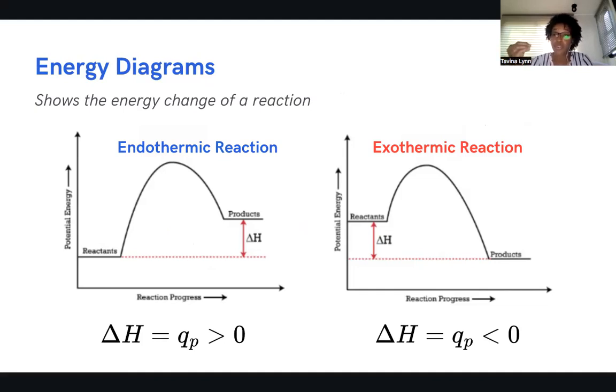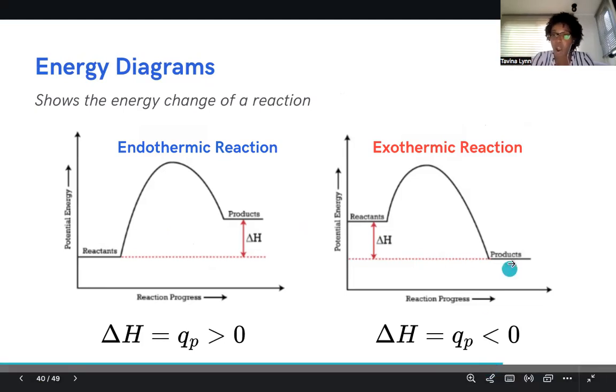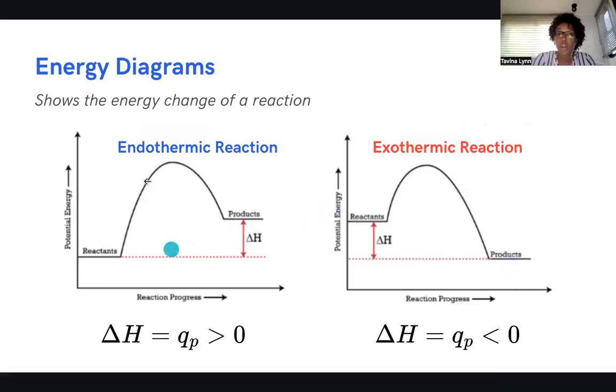We may have that value already provided, for example in a problem, or you may see an energy diagram that traces the energy change of a reaction, and from this you can calculate the enthalpy change, and from there determine if a reaction is endothermic or exothermic.